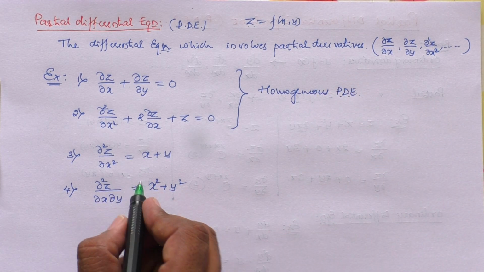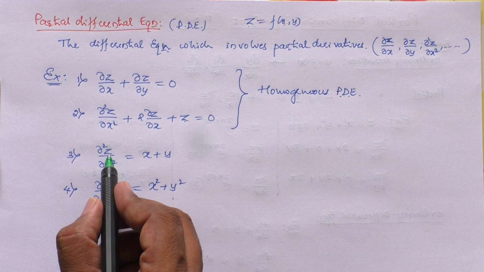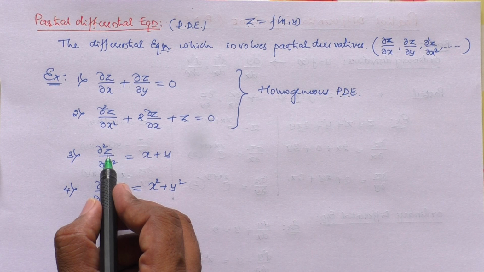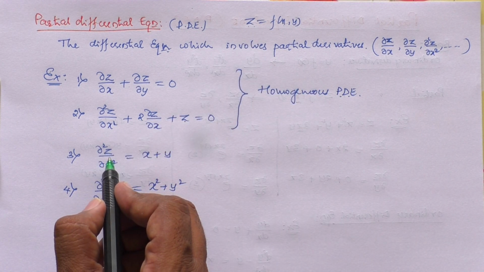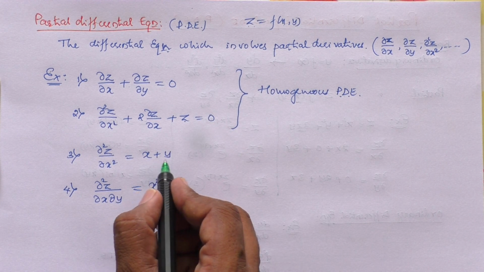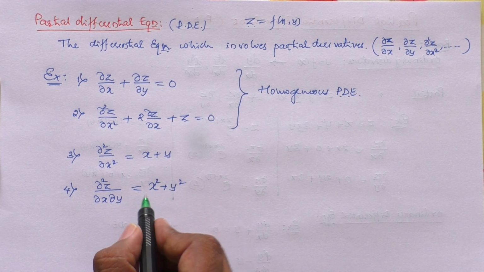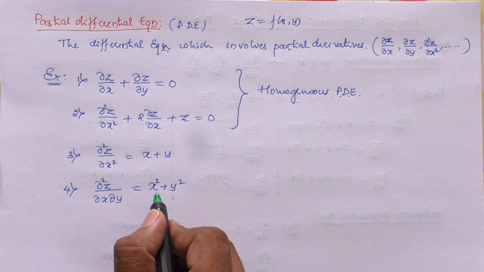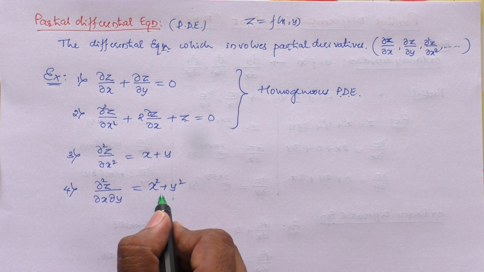Now look at the next two examples. Z, derivative of z, dou square z by dou x square; z is there in this PDE, but along with that it has x and y, independent variables. Here also, dou square z by dou x dou y means derivative of z, and it also has independent variables x and y.